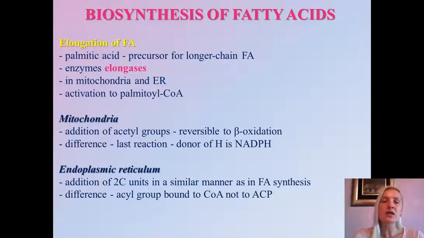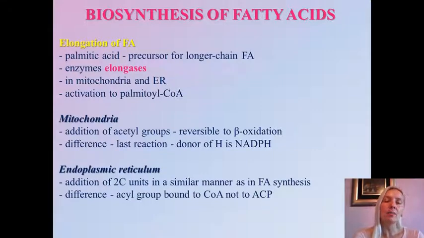If we are talking about the elongation in mitochondria, it is completed by the addition of acetyl groups, not malonyl groups, and these reactions are reversible to beta oxidation. The difference is only in the last reaction, because in the last reaction the donor of hydrogen atoms is NADPH and not NADH like in beta oxidation.